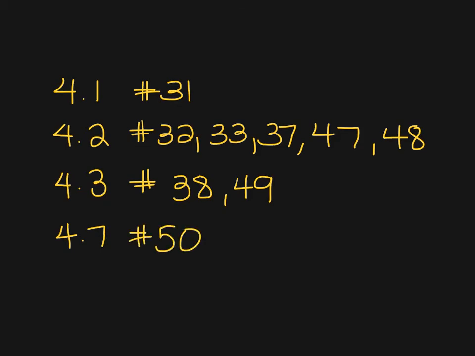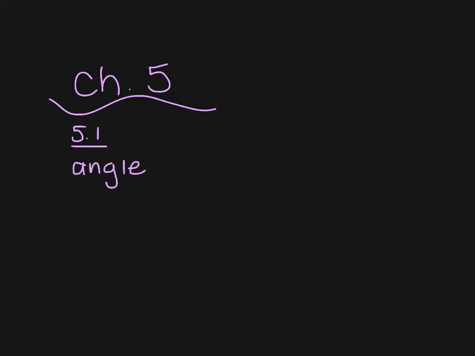So the good news is all that's left is chapter 5, and chapter 5 should be relatively familiar because we just finished it. So chapter 5 was your angle bisectors and your perpendicular bisectors and your medians and your altitudes. So in 5.1, we talked about just angle bisectors and perpendicular bisectors, not necessarily inside a triangle.